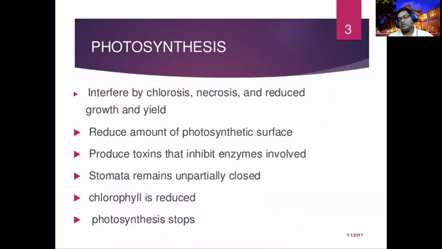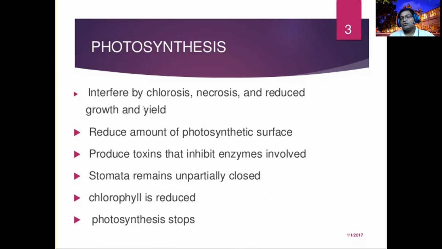First is photosynthesis. For example, an invading pathogen produces certain enzymes, as I told you, to degrade the host. If these enzymes degrade the green content of the plant, you can observe chlorosis of the leaf, necrosis, and reduced growth and yield.